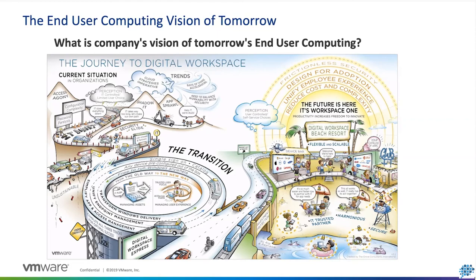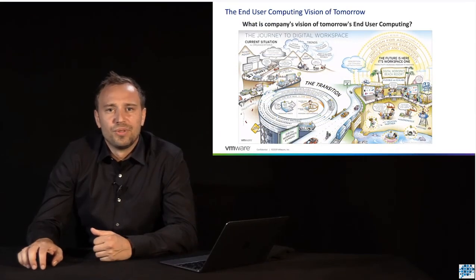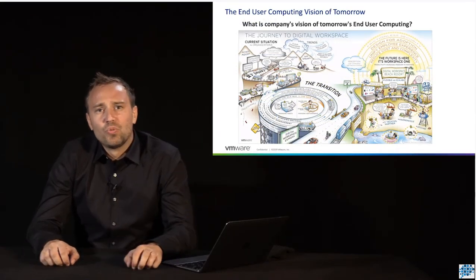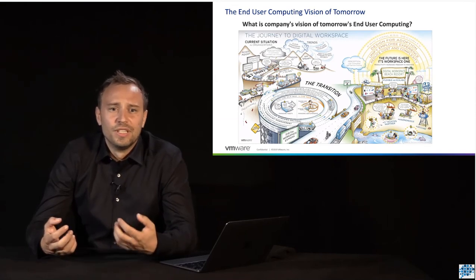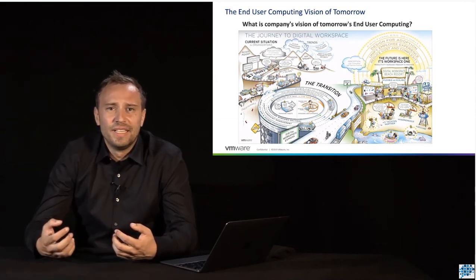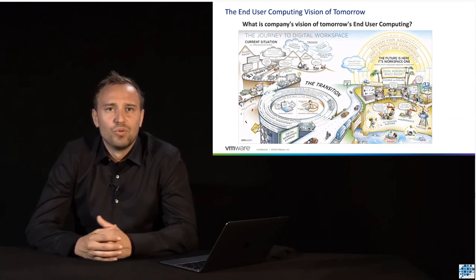Do they have something like a self-service portal? Are they able to use any kind of device they own, based on a bring your own device strategy? So we need to figure out what is the end goal of our end user computing strategy. We need to figure out what is the current situation, and then we plan with our solution the transition phase and how the end solution system will look like once we're finished.